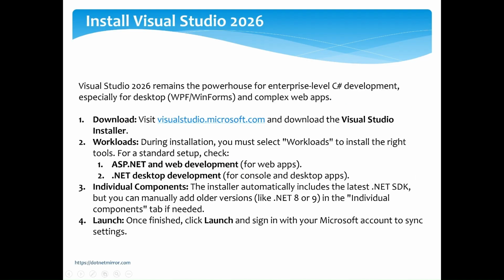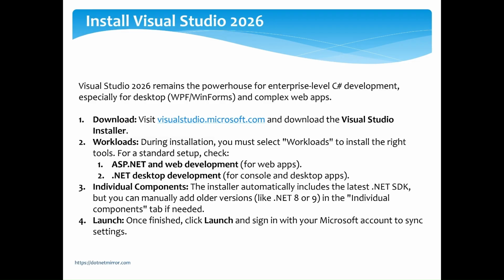Now, let's understand how to install Visual Studio 2026 as an IDE to start your web APIs. Make sure you go to visualstudio.microsoft.com and download the Visual Studio installer. Once you run the installer, in the workloads, make sure that you select the ASP.NET component so that you can start creating your web APIs.